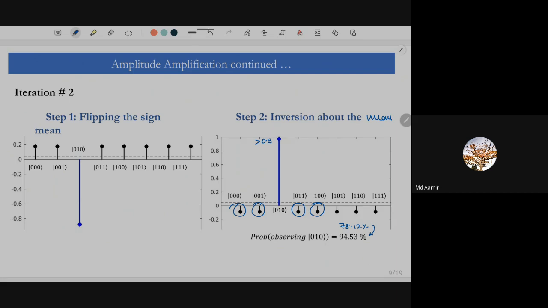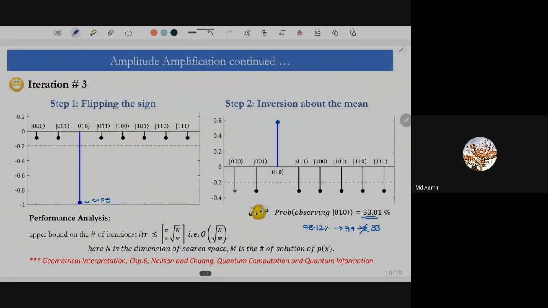But when we went to iteration 3, this is negative and the mean is also negative. So if we take the inversion about mean, we lose a lot of probability. We lose twice of this, because when we flip, this part will get lost and this part will be here. So it's almost like 0.2 and 0.2, so 0.4 amplitude we are reducing. That's why we have a huge reduction.